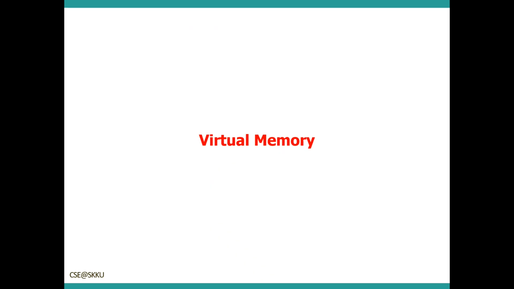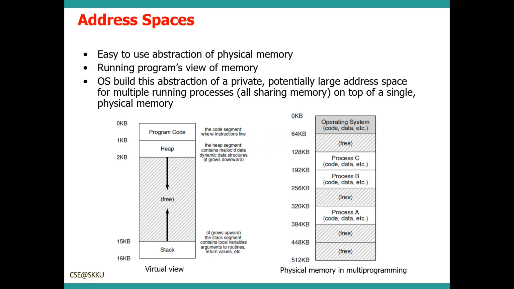In this lesson, I will introduce one of the main features of the operating system, called virtual memory. First, the operating system provides a contiguous address space for each process. As you can see in this figure, this is a virtual view.